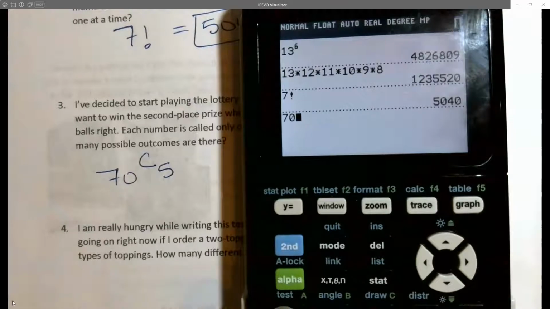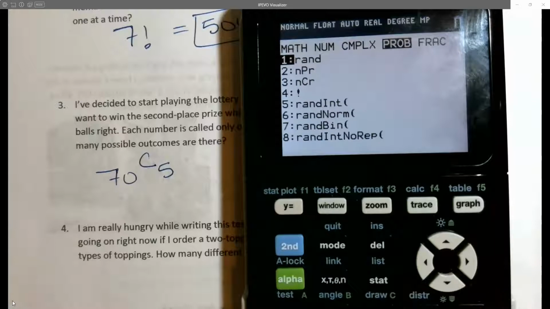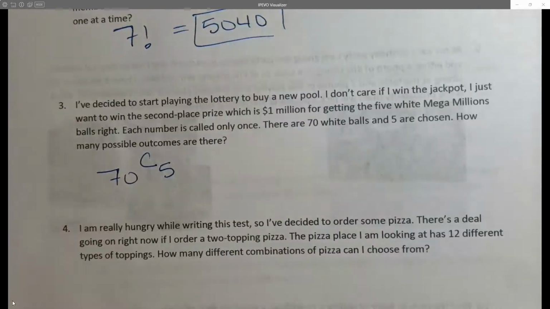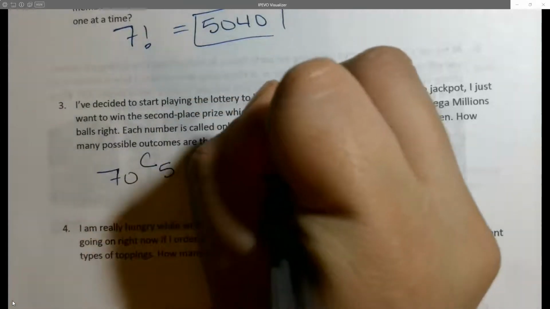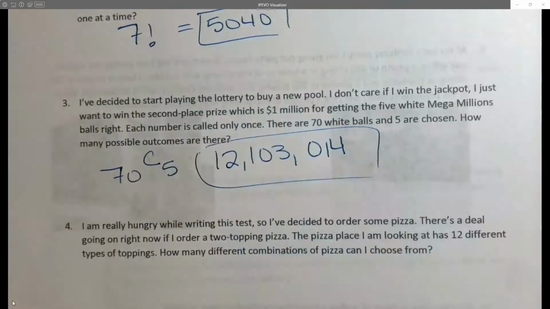I would go 70, go to math, arrow over to probability, and then pick the nCr choice and type in 5, which gives me 12,103,014. So there's that many possible outcomes.